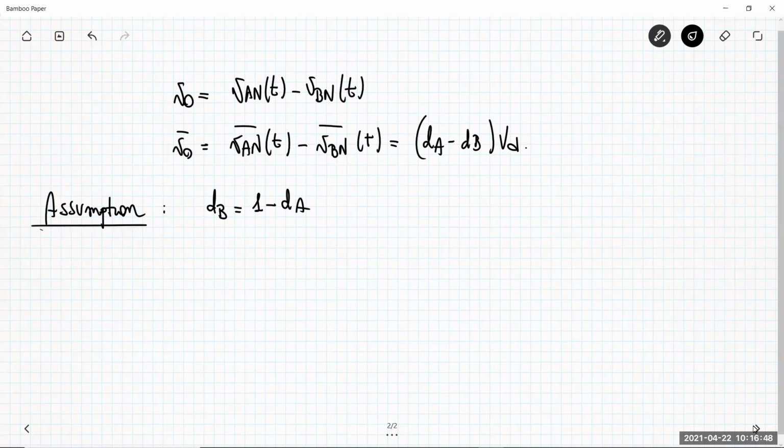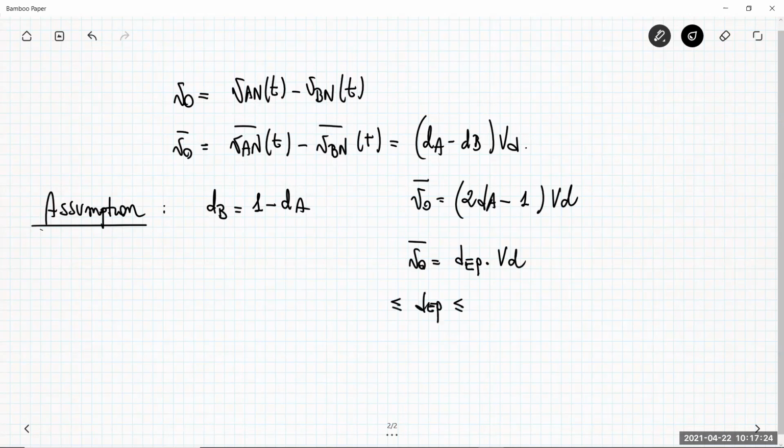If we consider this relationship between the duty cycles, it can be derived easily that dA minus dB is simply 2 times dA minus 1. So V0 average value is an equivalent duty cycle multiplied with VD, where the equivalent duty cycle ranges from minus 1 to 1.